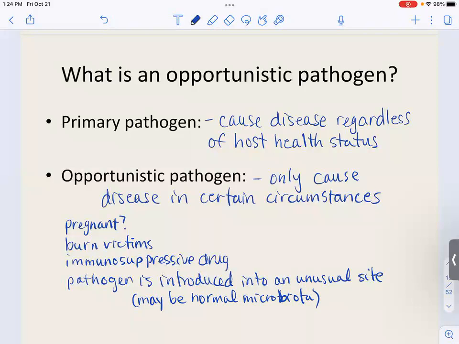It's part of your normal microbiota. What if a patient's appendix bursts or they get stabbed in the colon, a perforated bowel? Then they've got those organisms that are normally not causing any harm out in places where they shouldn't be. And now the correct circumstance has arisen, and now the patient's got a huge problem. So, microbes on our skin not causing any problem until we get a wound, maybe, and then they can get into our bloodstream and cause a big problem. So, those are opportunists.